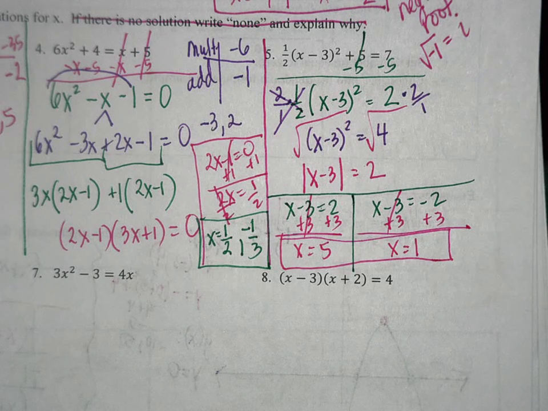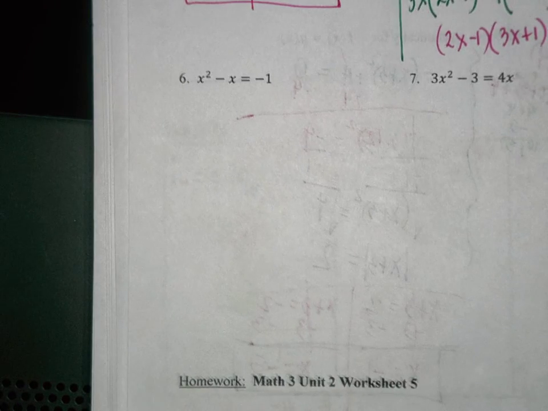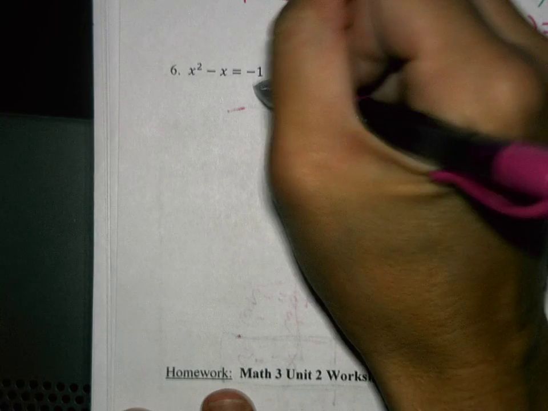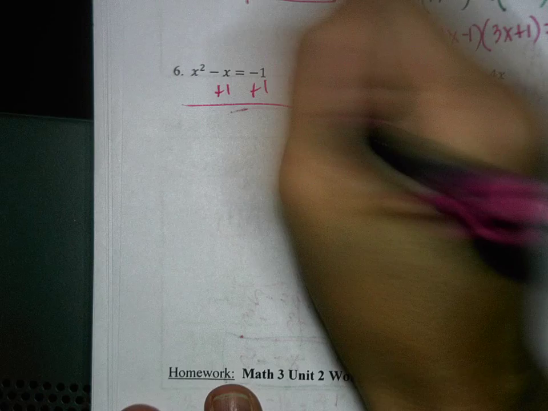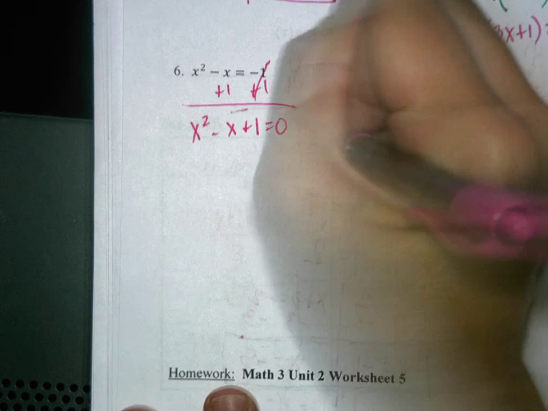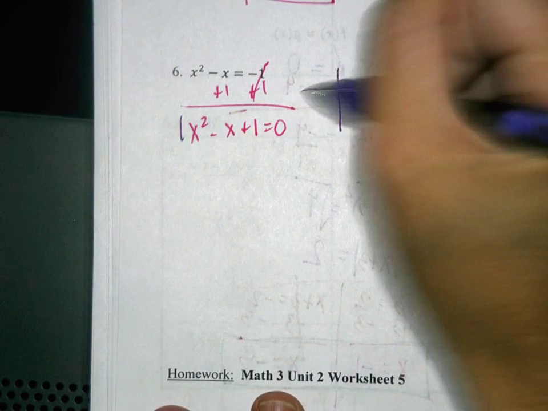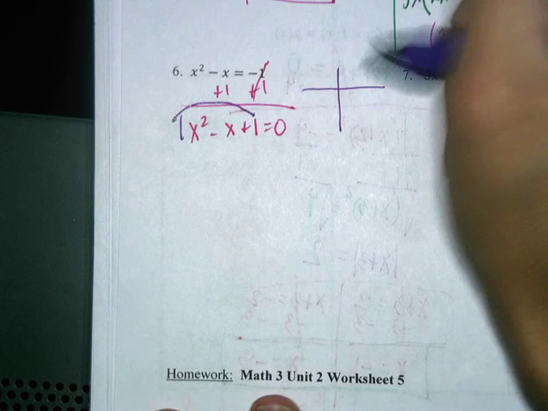Number 6. What do I need to do first? Very good. Set it equal to 0. How will I do that? Add 1. Good job. X squared minus x plus 1 equals 0. I have a 1 here in front. When I multiply 1 times 1, I get 1.